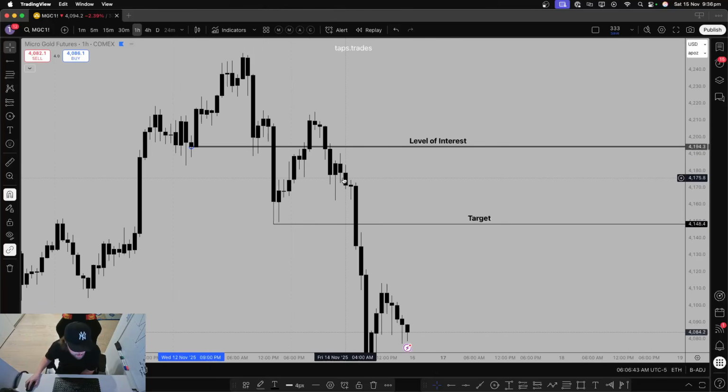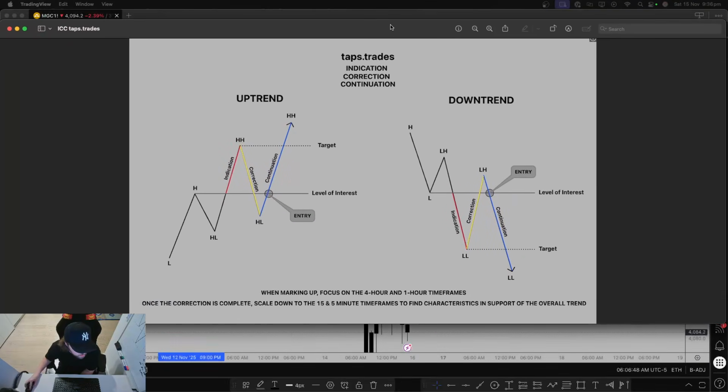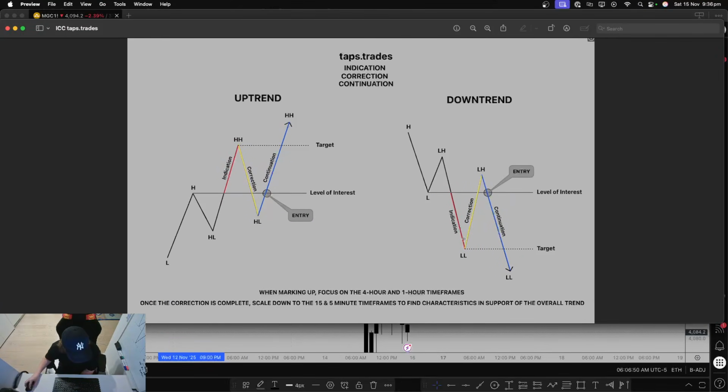So if we remember back from the chart here, or this drawing, once we've created the indication phase and then we've created the correction phase, price isn't breaking previous highs.